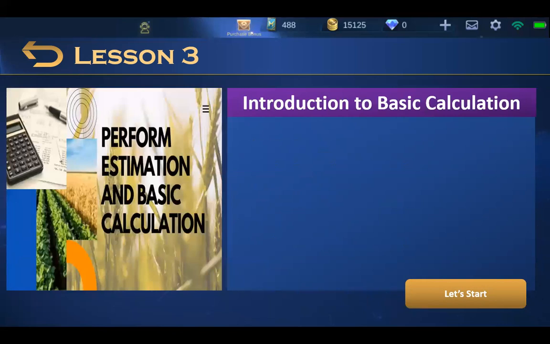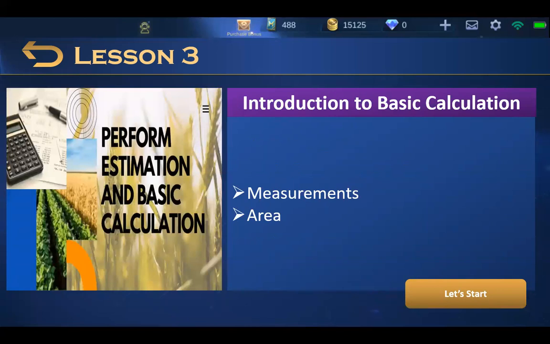Now, let's move on to the continuation of lesson number 3, which is the basic calculation. Under this topic, we will discuss measurements and the area. Introduction to Basic Calculation. The metric system of measurement is indeed very useful in all fields of study, even in aquaculture. In fact, because of its international appeal, scientists adopted it as a basis for measurements, regardless of whether it is a fish pond, fish pen, or fish cage.